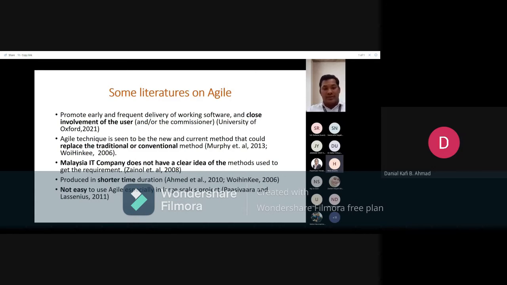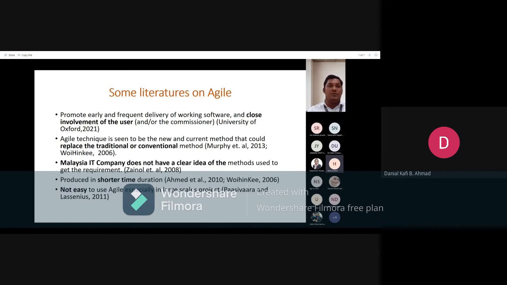As I mentioned earlier, when we use Agile, there is a lot less documentation, because we focus more on the implementation, but yet we want to focus on the design as well. But as I mentioned, when we implement Agile, there will be a chance for the developer to not focus on the design, but rather on the implementation.